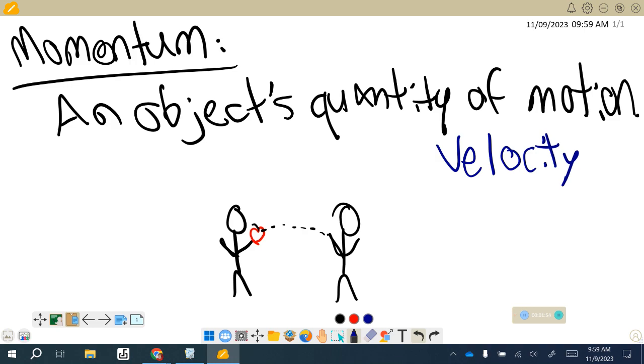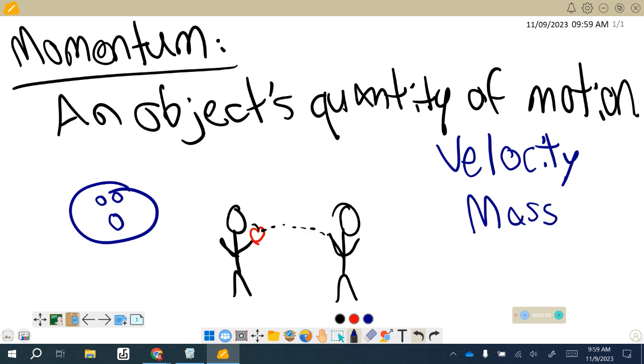Now, that's not the only aspect, though, because I couldn't just throw any object at you and it would be easy to catch if it was slow, right? If I took, say, a bowling ball and threw it slowly at you, it would be pretty hard to catch, right? Why is it hard to catch? Well, because of its mass.